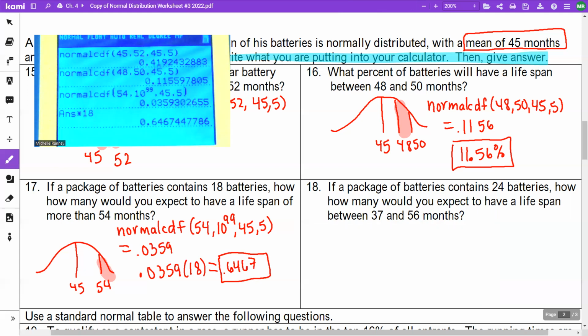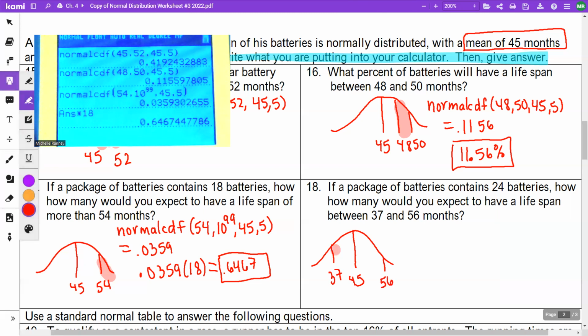Okay, on the next one, if a package of batteries contains 24 batteries, how many would you expect to have a lifespan between 37 and 56? So the mean is 45 still. Between 37 and 56 is what we're looking for.